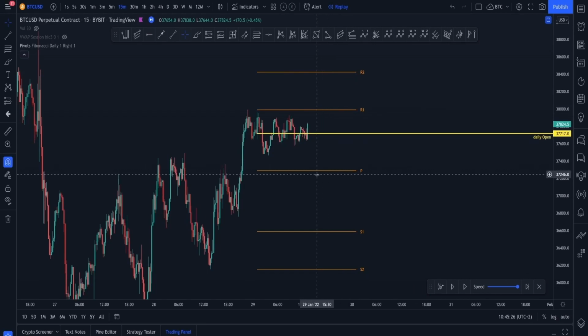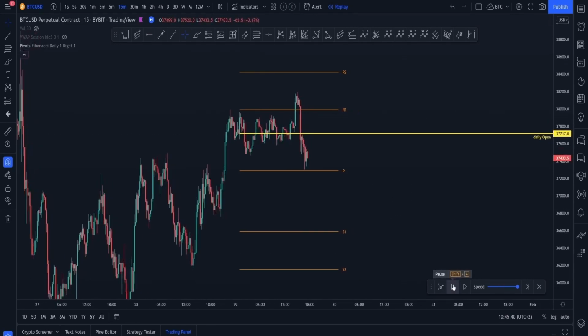If we do find a possible long entry at the center pivot and get the appropriate reaction, we could target R1 and R2 as possible take profit levels. Let's see what actually happened next.